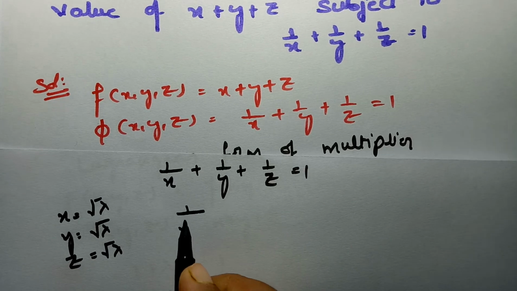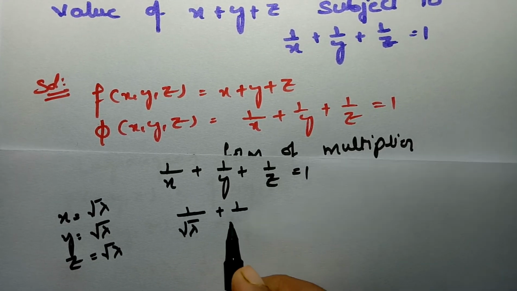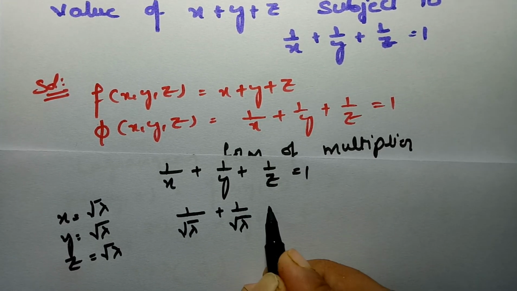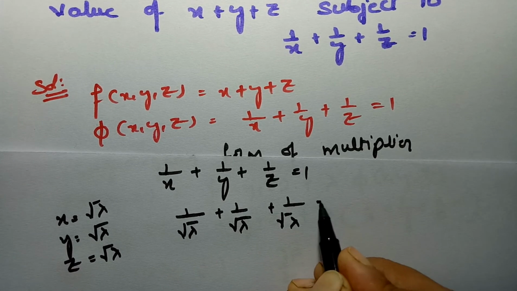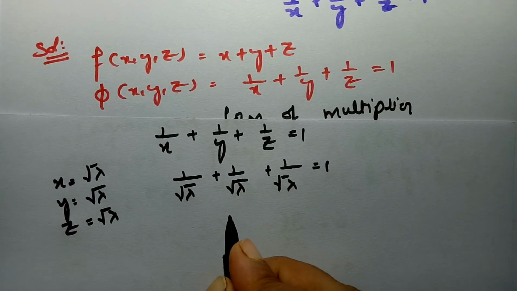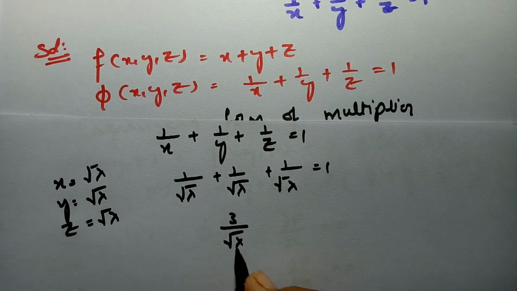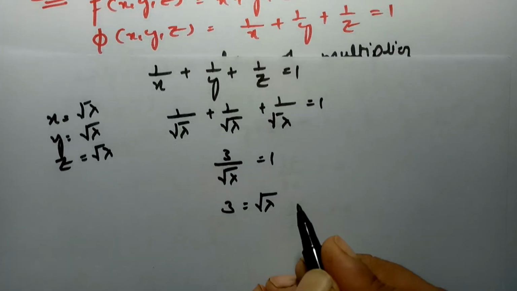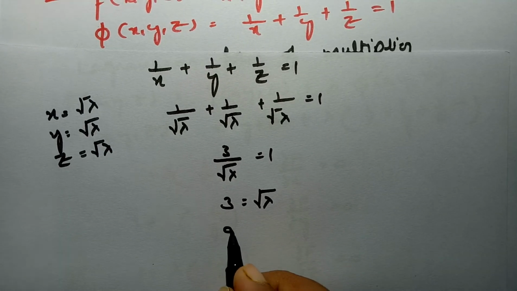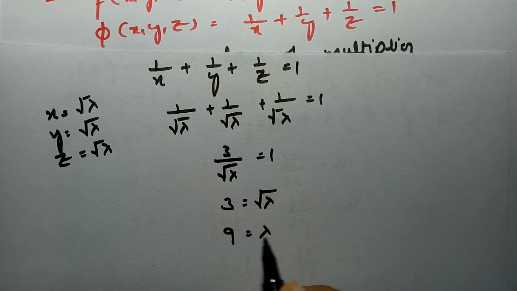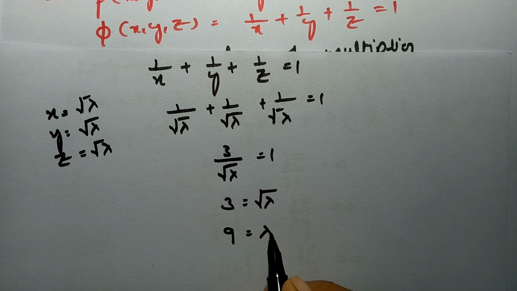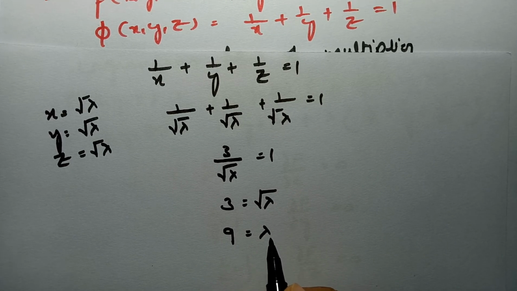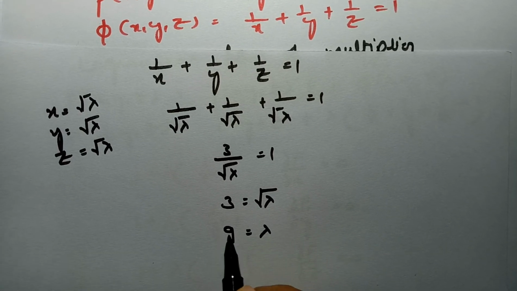If I substitute, root lambda plus 1 by root lambda plus 1 by root lambda is equal to 1. So this will be 3 by root lambda is equal to 1. So 3 is equal to root lambda. After squaring on both sides, 9 is equal to lambda. So the answer is lambda is equal to 9.